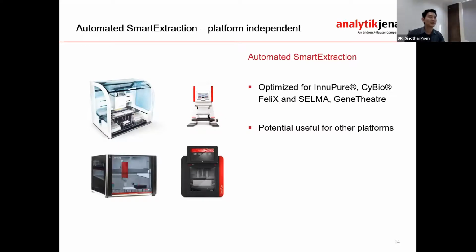And smart extraction has been optimized for use in conjunction with our liquid handling systems for automated nucleic acid extraction. These are robots of different throughput levels for different application needs. But it also has potential for use with other liquid handling platforms, because what is needed for extraction is smart modified material in the pipetting tips.